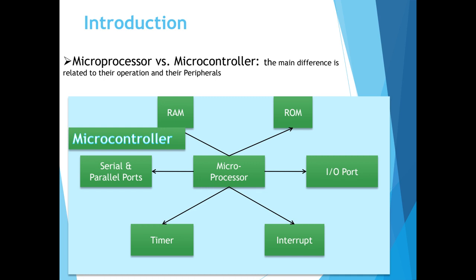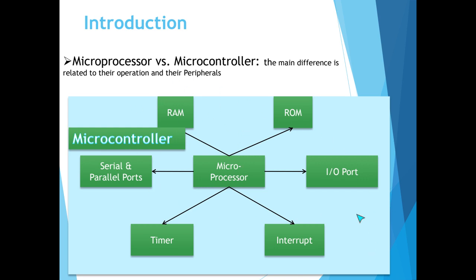We were talking about the difference between microprocessor and microcontroller, and we said that the main difference is related to their operation and peripherals. As you see in this figure, we have a microprocessor and also the other peripherals.